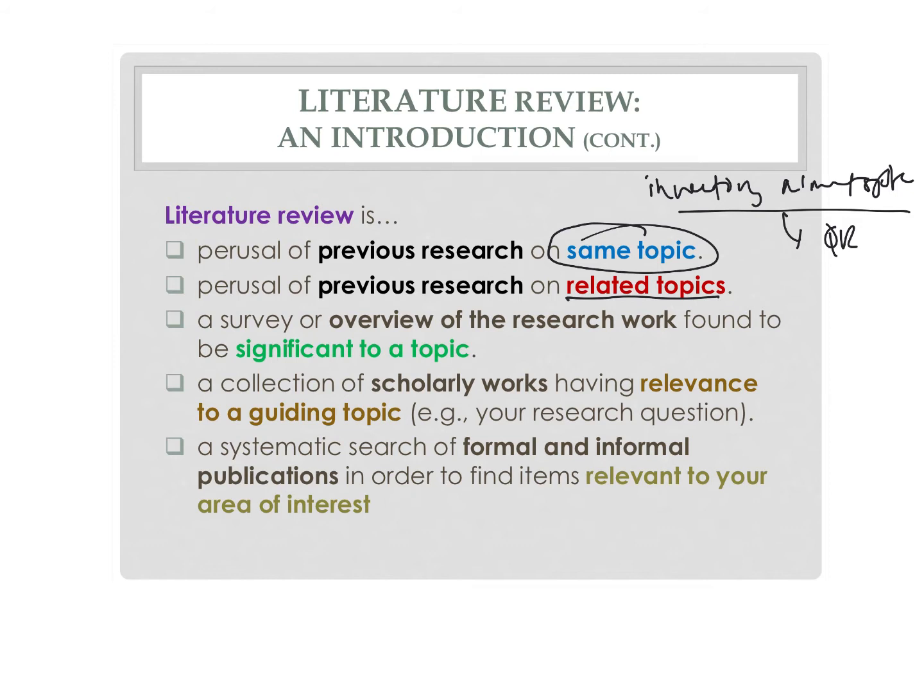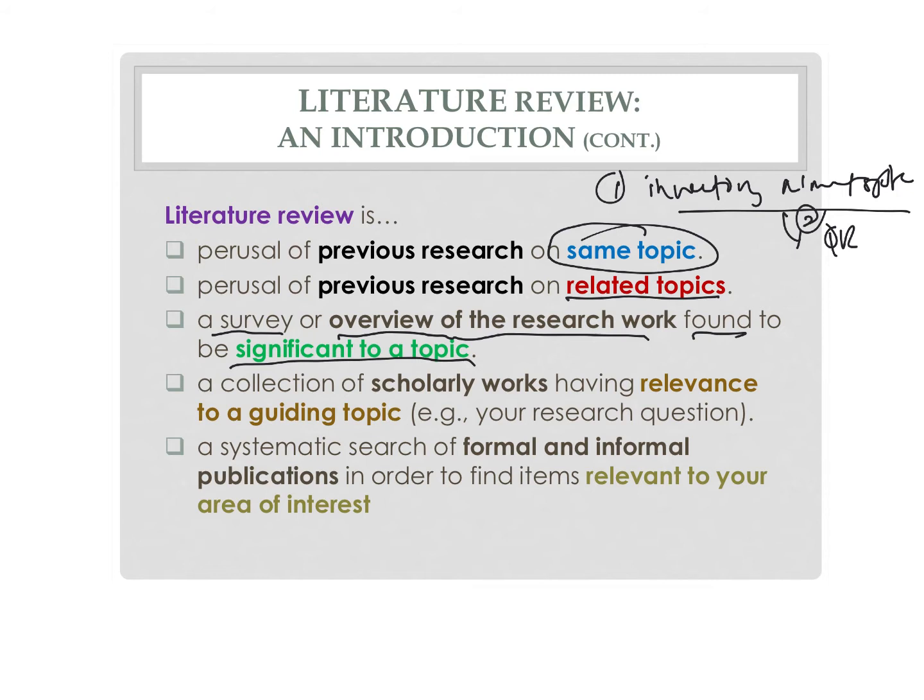So your reading might be on the inventory management system and also on the QR code, what has been done using QR code. So literature review is a survey or an overview of the research work found to be significant to a topic. Any article that is significant to your research topic.